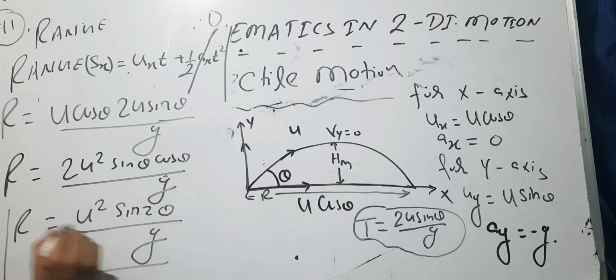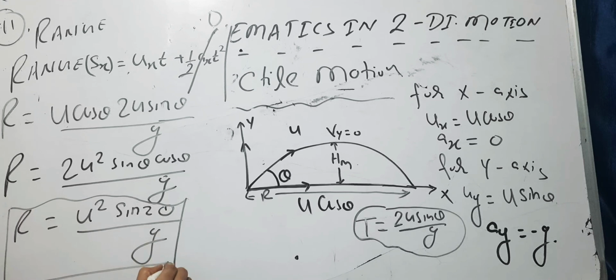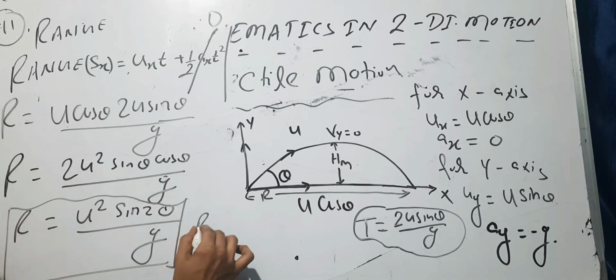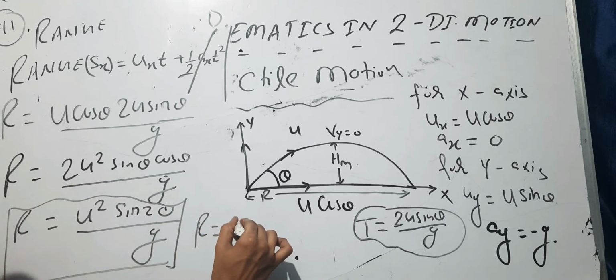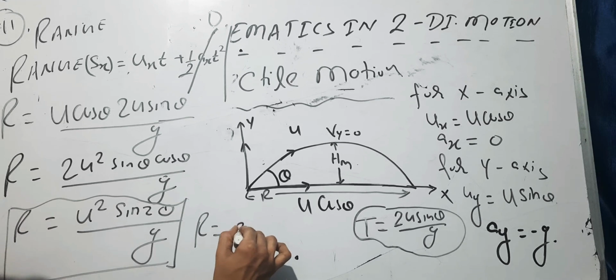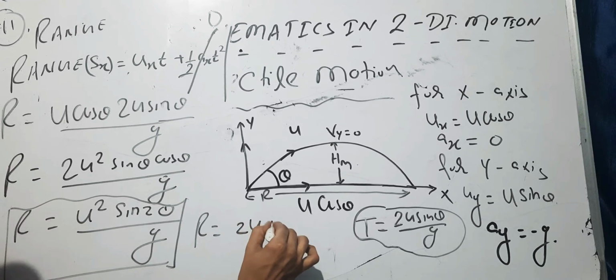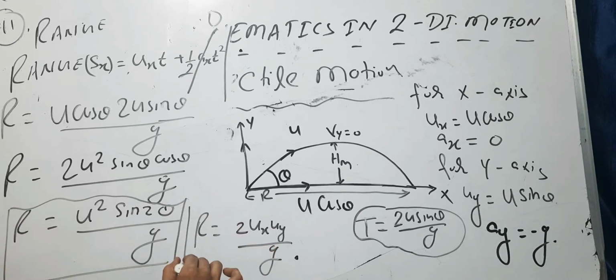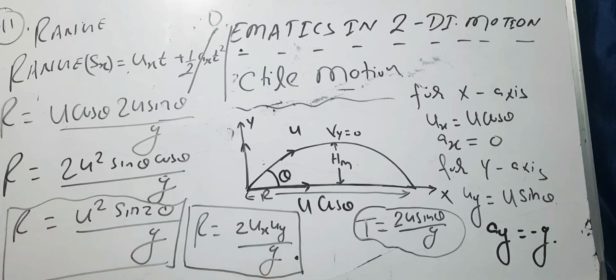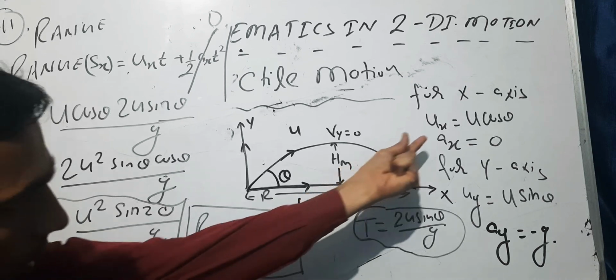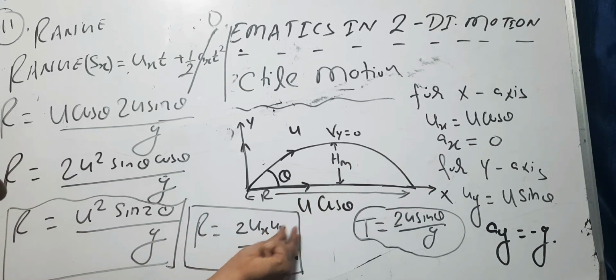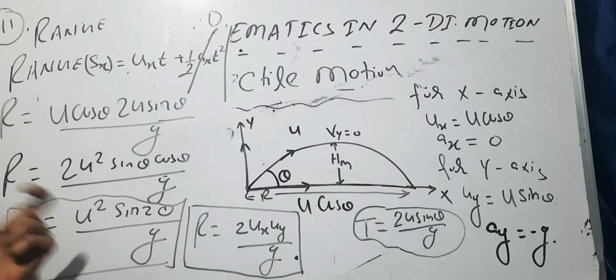Or you can also easily learn it as 2 ux uy by g. Some students ask, sir, are both the same? Yes, both are the same. You can substitute the values of ux as u cos theta and uy as u sin theta, and you will get the same answer.